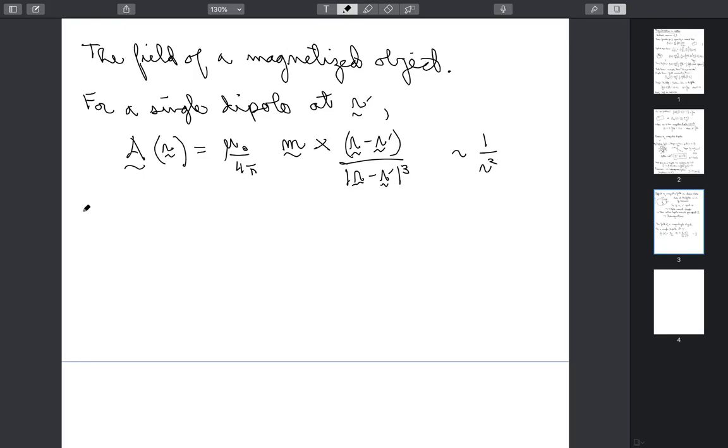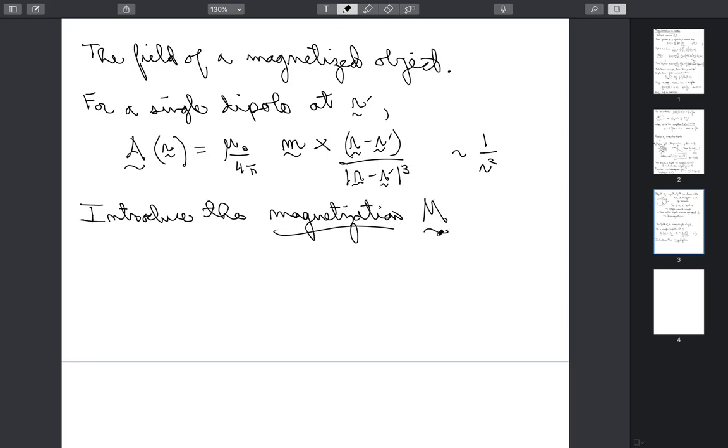Okay, so let's now introduce a concept that will carry a kind of really surprising name, the magnetization. And this is going to have the symbol of capital M, so it's a vector quantity, and of course it depends on a certain point r, as the density of dipole moments per unit volume.